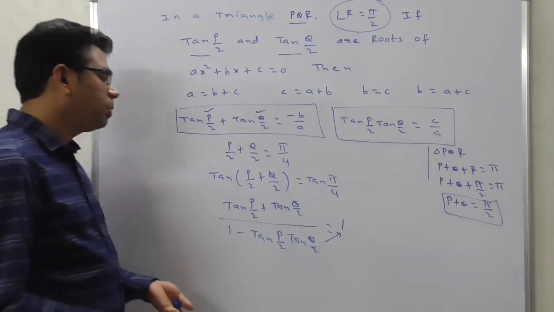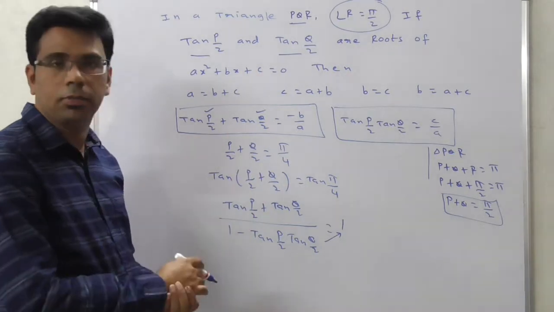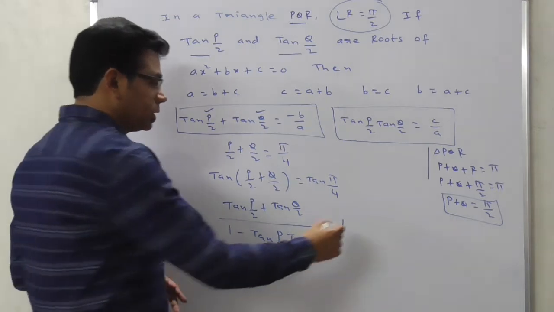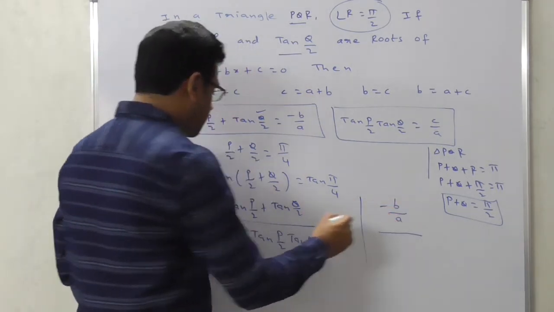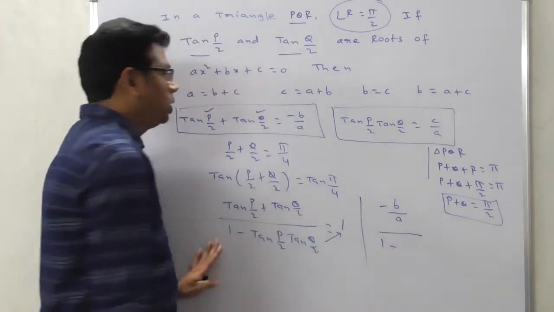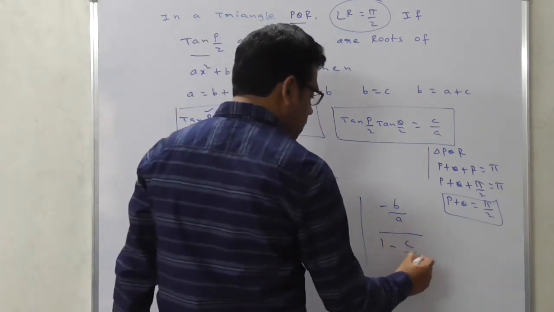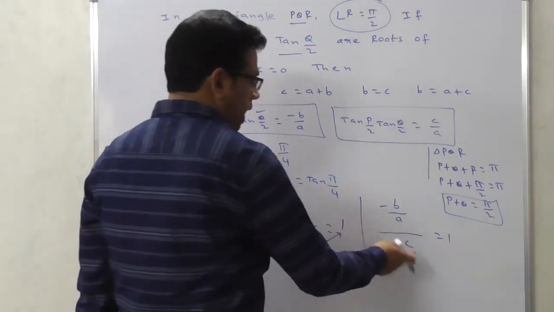Clear? Now, simply cross multiply. If you cross multiply, what do we get? tan P/2 + tan Q/2 = 1 - tan P/2 tan Q/2. Already we have tan P/2 + tan Q/2 = -b/a. Substitute here. In place of tan P/2 + tan Q/2, we put -b/a, and in place of the product tan P/2 tan Q/2, that is c/a. So -b/a = 1 - c/a. Okay, now take LCM here.